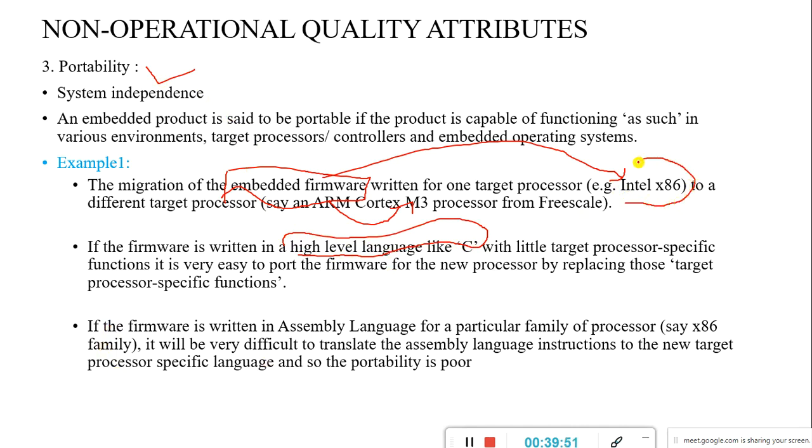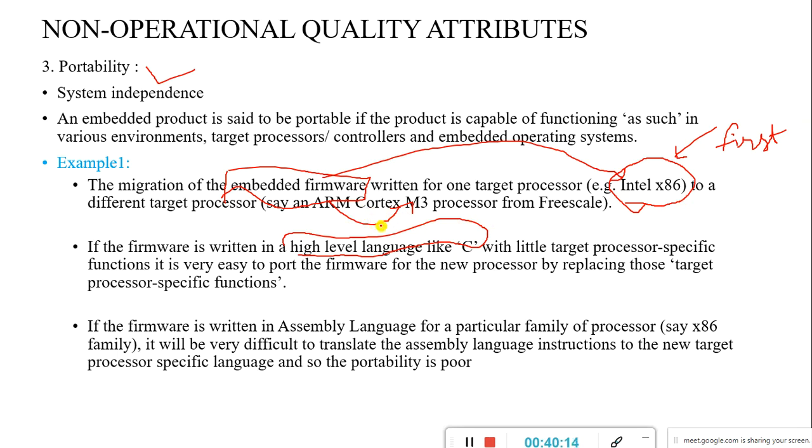Now assume that if I use the 8086 instruction set to write the firmware, if I use 8086 assembly instructions, then is it possible for me to download the same firmware onto an ARM Cortex M3?